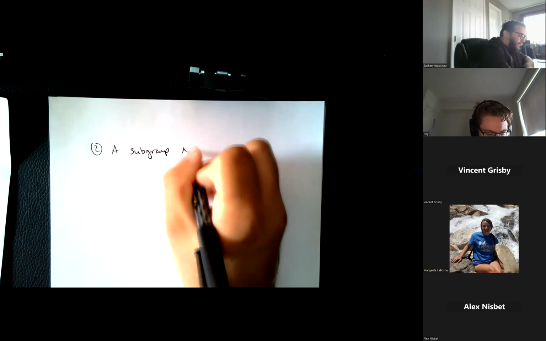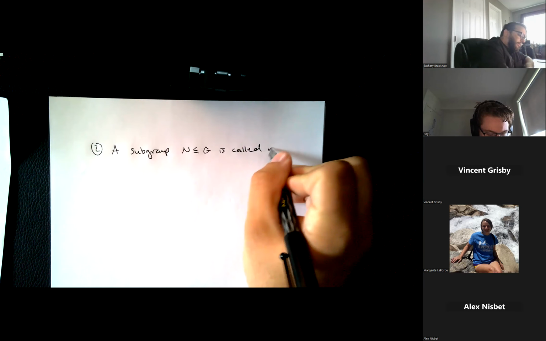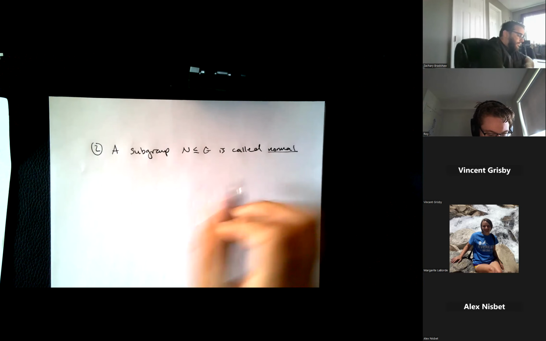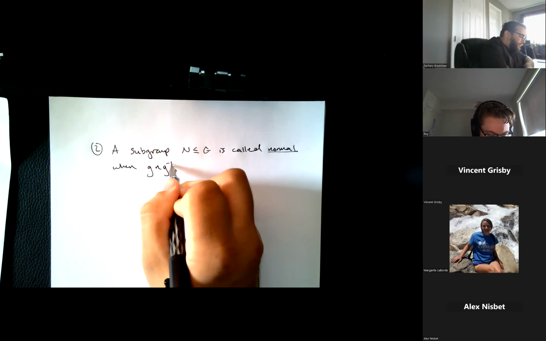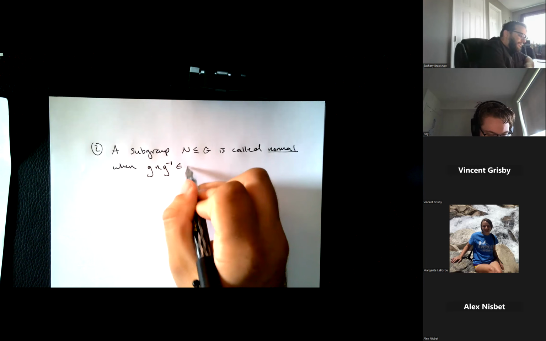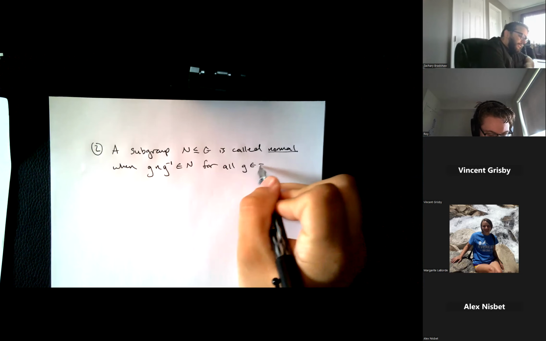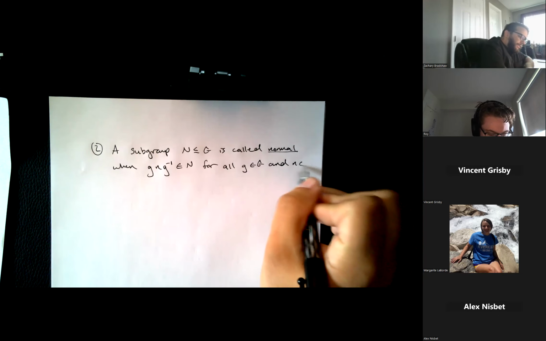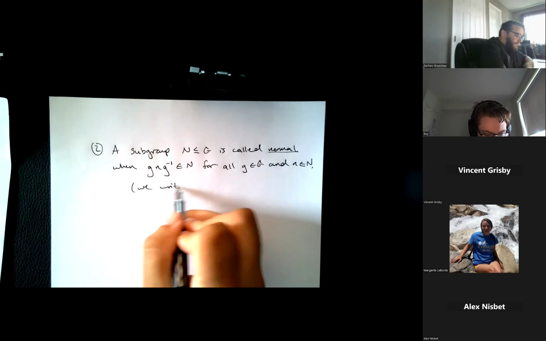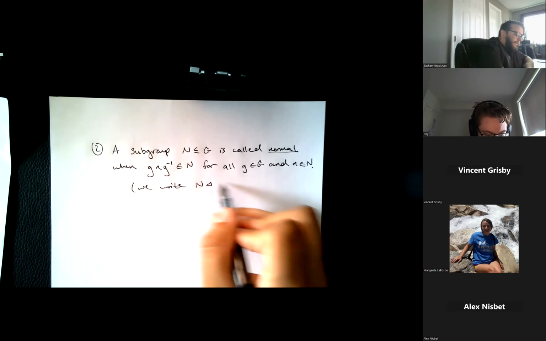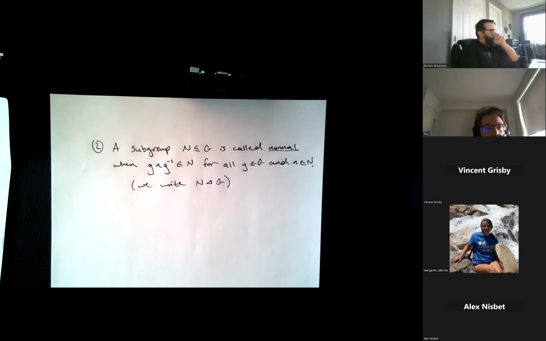A subgroup N of G is called normal when g n g inverse sits inside of N for all g in G and n in N. And in this case, we write N normal in G, this is a pretty common notation, this symbol, which means that N is a normal subgroup of G. Okay.